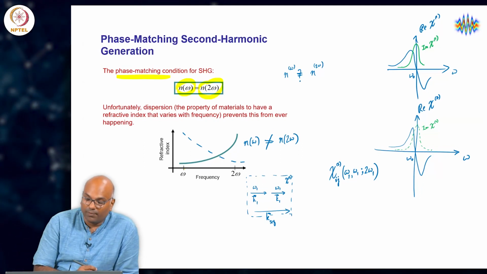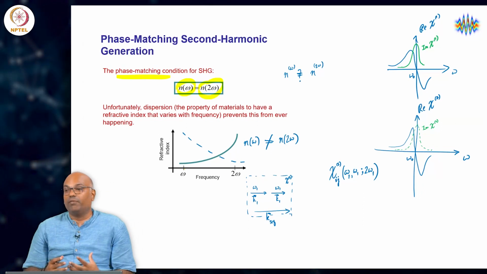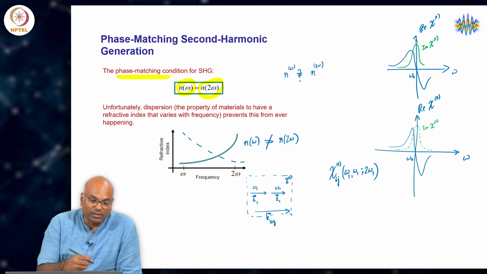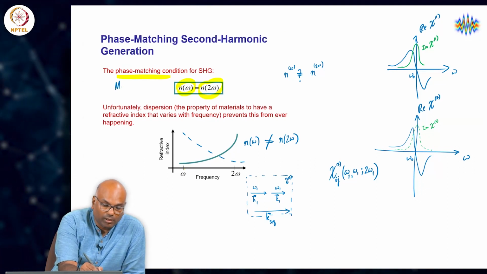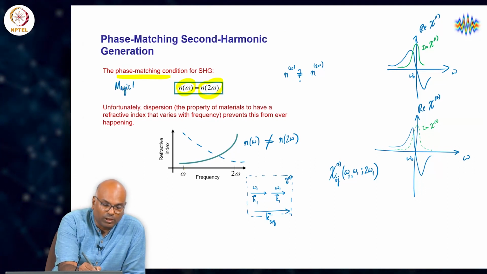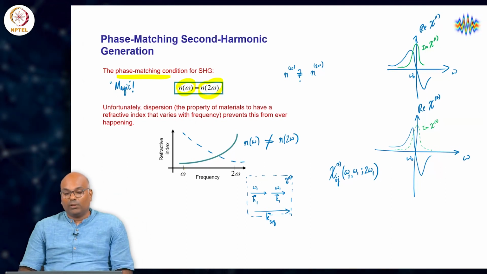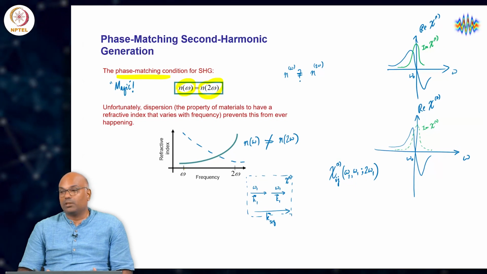So, the point nonetheless is, can we ever achieve the so called phase matching condition? Okay, this seems to be like some magic condition. Wow, for now it seems like magic. We question ourselves whether this is real or surreal.